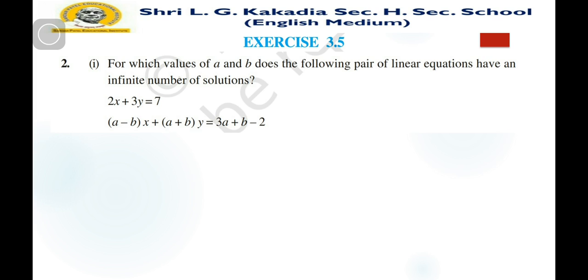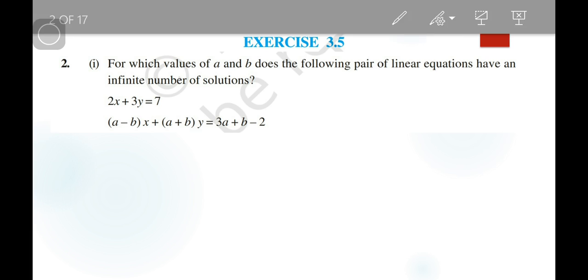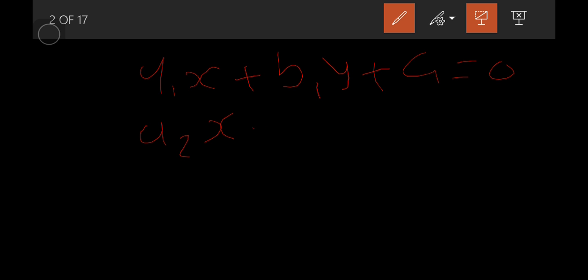We know that when there are infinite solutions, we take the ratio of the coefficients. As we know, a1x plus b1y plus c1 is equal to 0, and a2x plus b2y plus c2 is equal to 0.